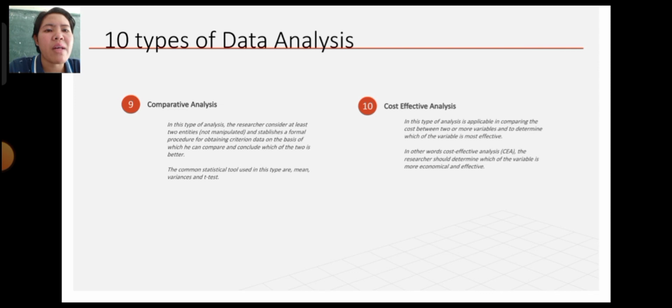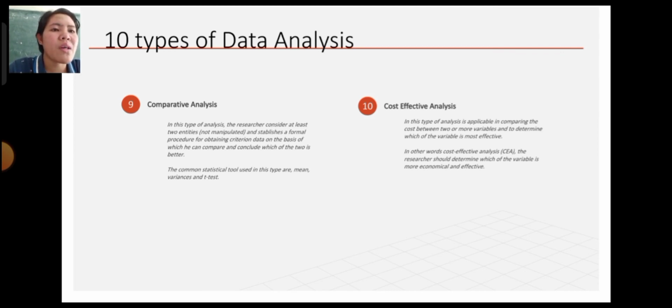In this type of analysis, the researcher considers at least two entities that are not manipulated and establishes a formal procedure for obtaining criterion data on the basis of which he can compare and conclude which of the two is better. The common statistical tools used in this type are mean, variances, and t-test.